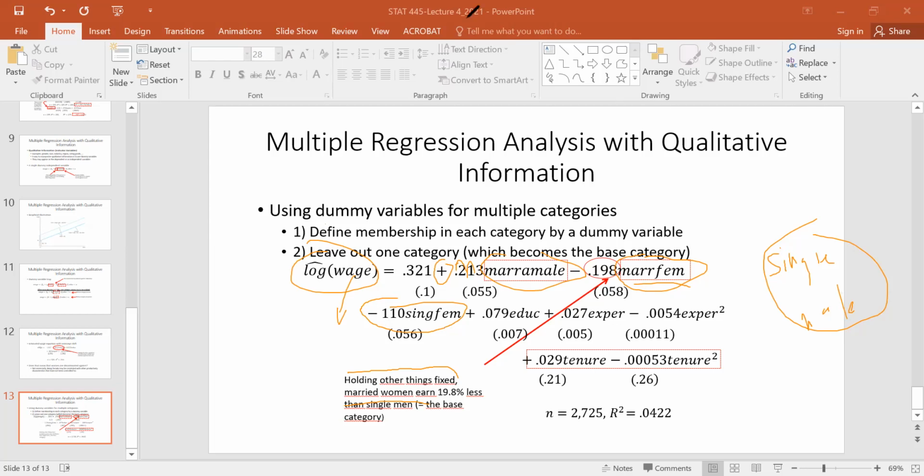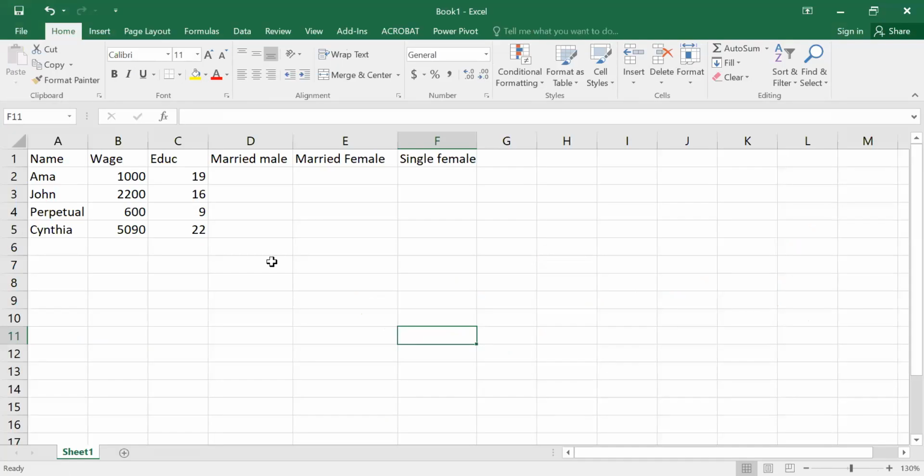Okay, let me show you how the data will look in Excel. I hope you can see Microsoft Excel. So assuming we have 4 people: Amma, her wage, John, his wage, Perpetua, her wage, Cynthia, her wage, and education variables over here. Let's say Amma is not a married male, so here she will take 0.